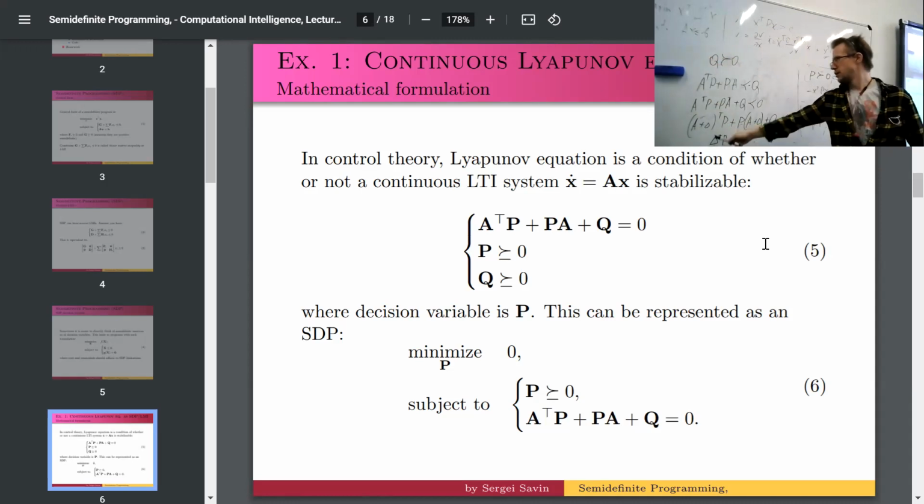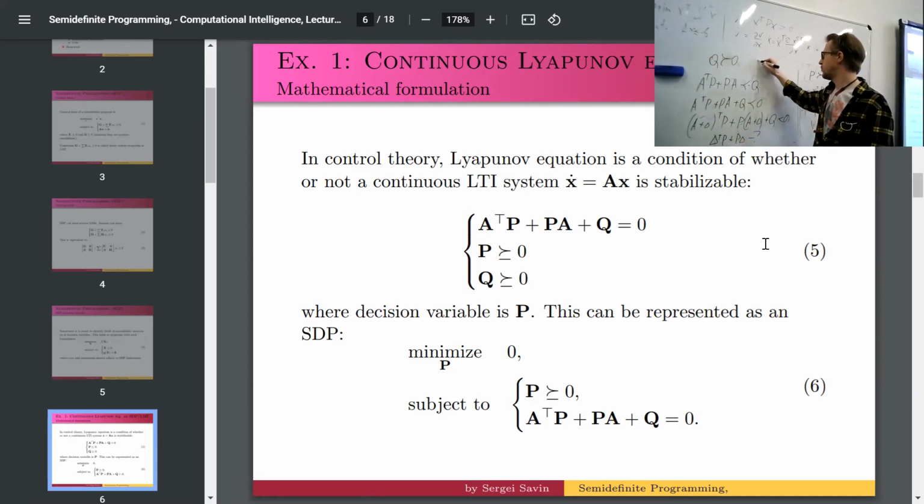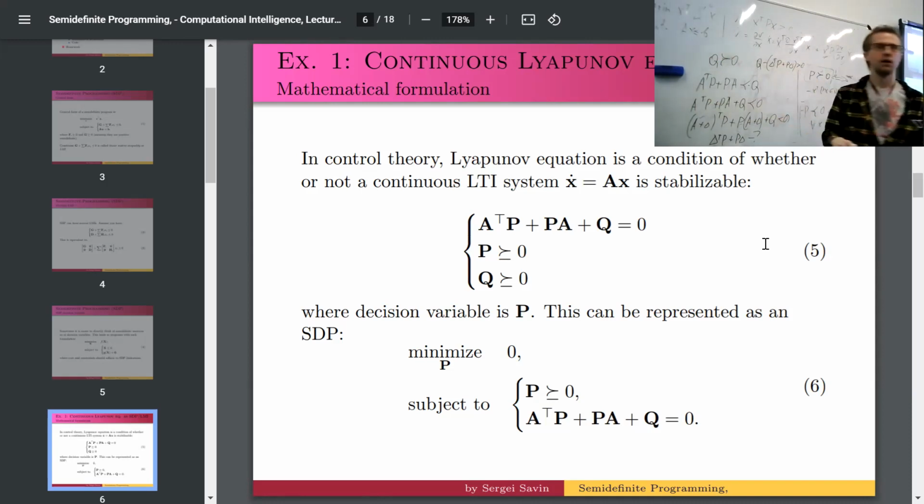So if this guy is actually smaller than this guy in terms of its semi-definiteness, so the difference between those two, if Q minus this whole thing is still positive semi-definite, then you can hope.